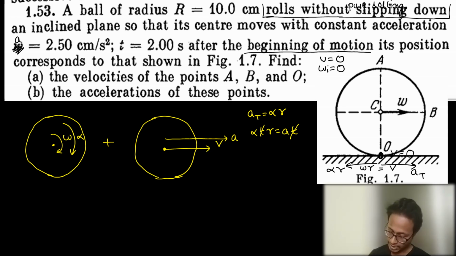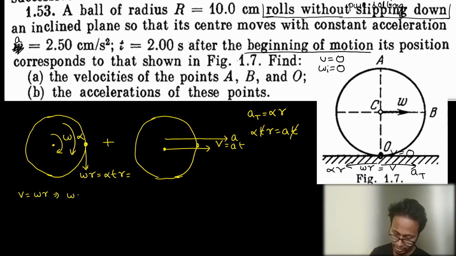Similarly, at point B, the velocity due to the translational component would be equal to at. The velocity due to the rotational component would be equal to omega into r, which is equal to alpha into t into r, where omega is equal to v by r, or v is equal to omega r.